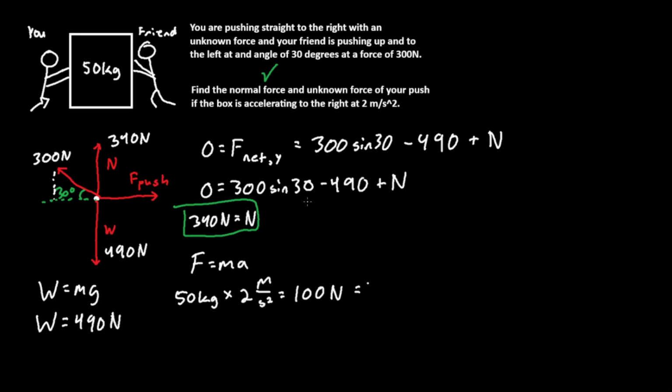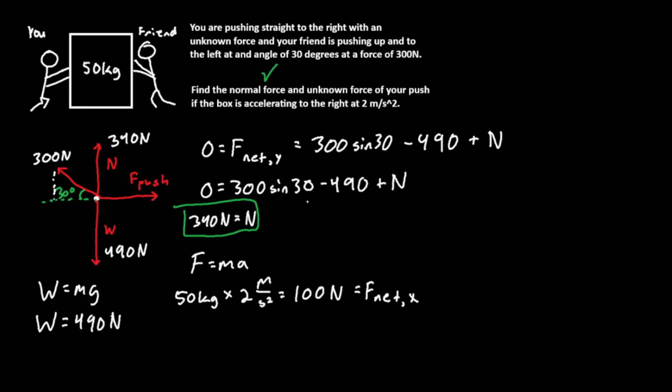So there must be a net force going to the right at 100 newtons in order to make this box accelerate to the right at 2 meters per second squared.